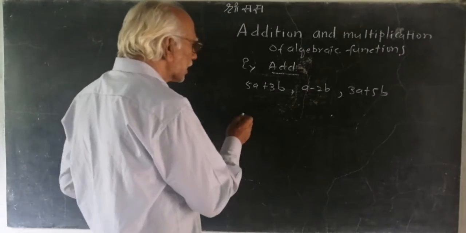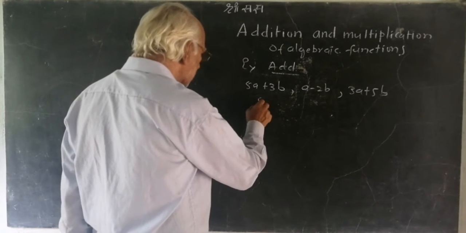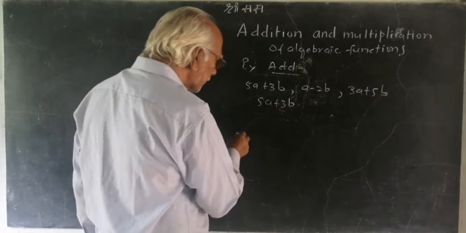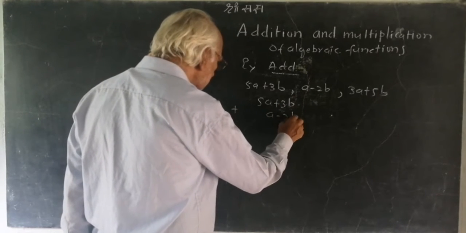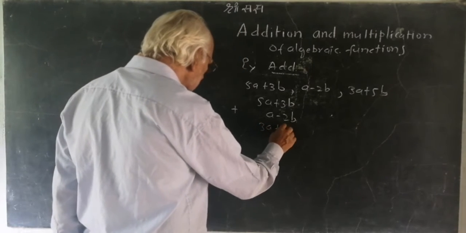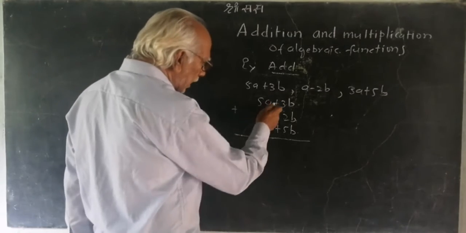we will be writing them one by one, one below the other with the same variables. 5a plus 3b. Then plus, we will be adding a minus 2b, and finally we are adding 3a plus 5b. So now these are like variables.